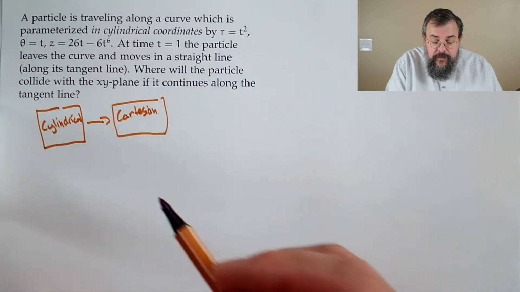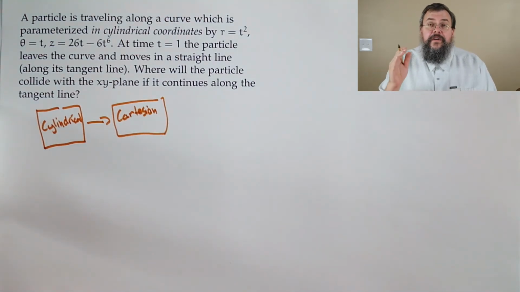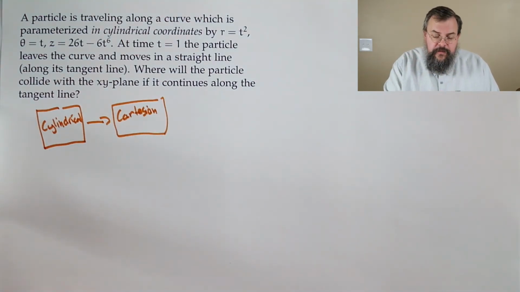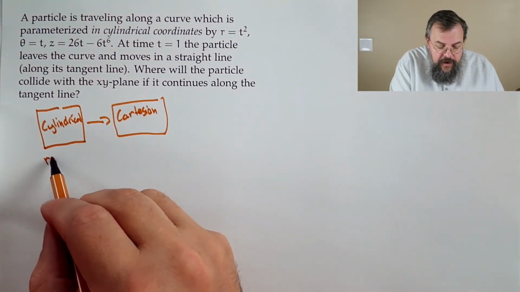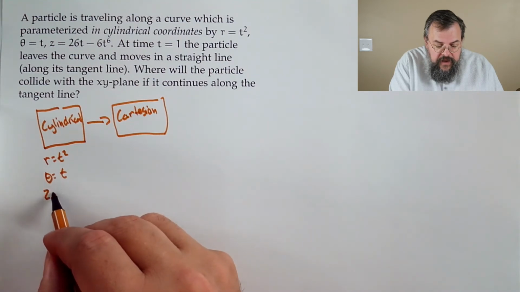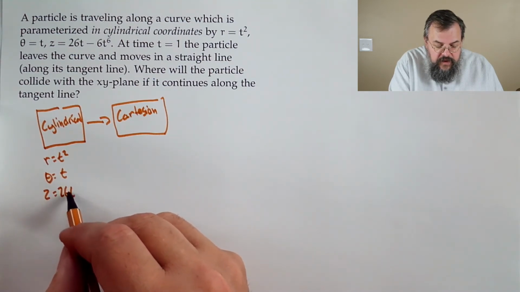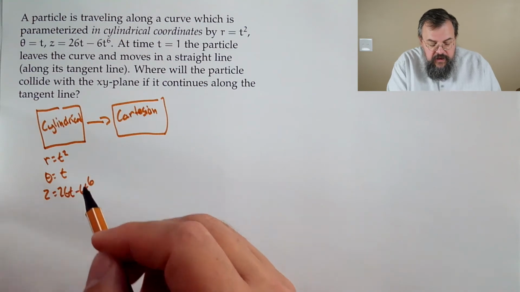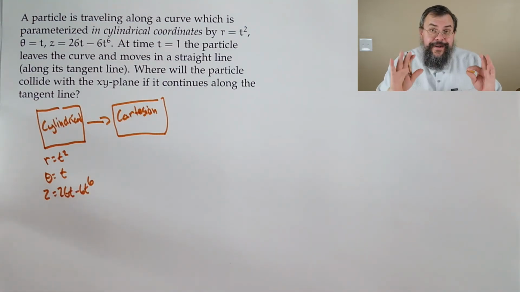Well, it's not as bad as it sounds because we know how to convert from one coordinate system to the other. So if we have r equals t squared, theta equals t, and z equals 26t minus 6t to the 6, that's a weird number, but okay, whatever.